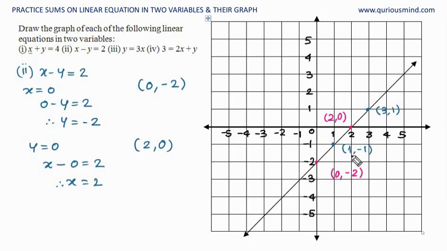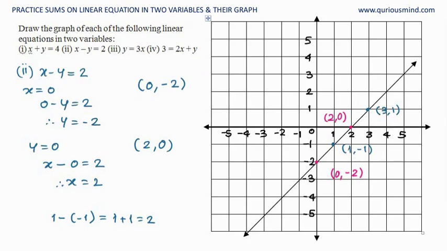That's correct. For x 1, y minus 1, that will be 1 minus (-1), LHS, and that will be 1 plus 1, which is equal to 2, which is equal to RHS. And hence, it is correct. So our line is correct, the graph is correct, and it also proves that every point on this line is a solution of this equation, x minus y equal to 2.